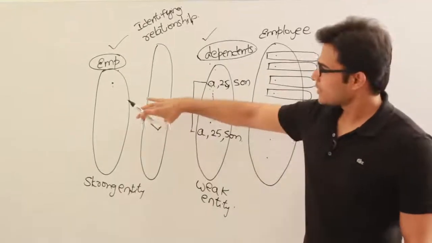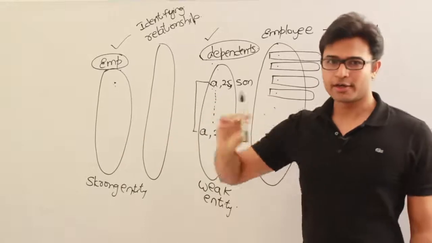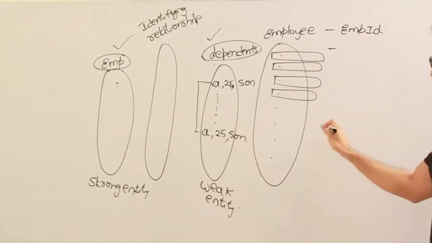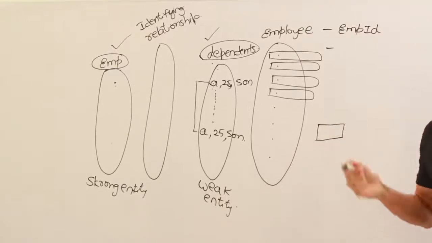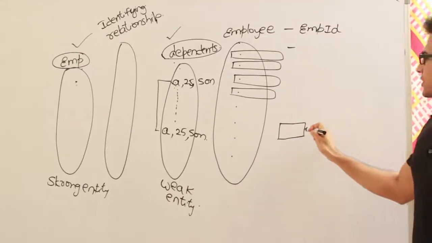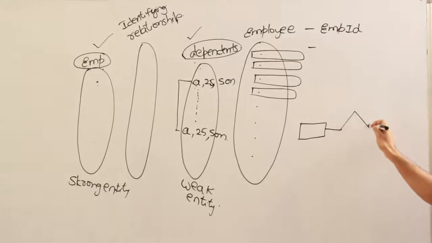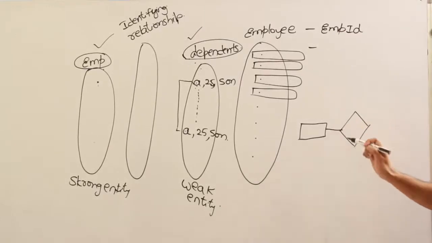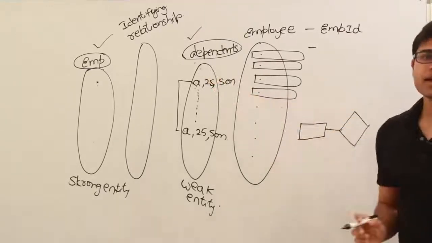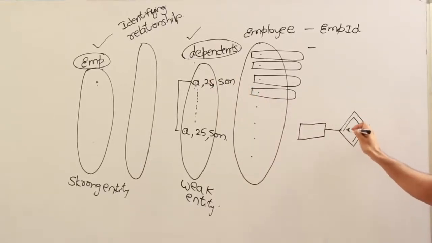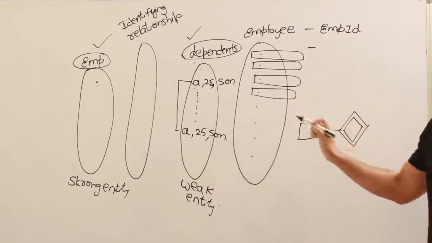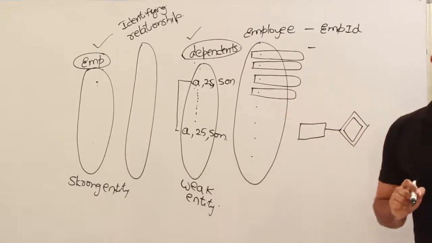Now how to represent this in an ER diagram: we use rectangular blocks to represent an entity type, and generally we use a diamond to represent a relationship, and since it is an identifying relationship, we use a double diamond like this. Every identifying relationship uses this double diamond, right?